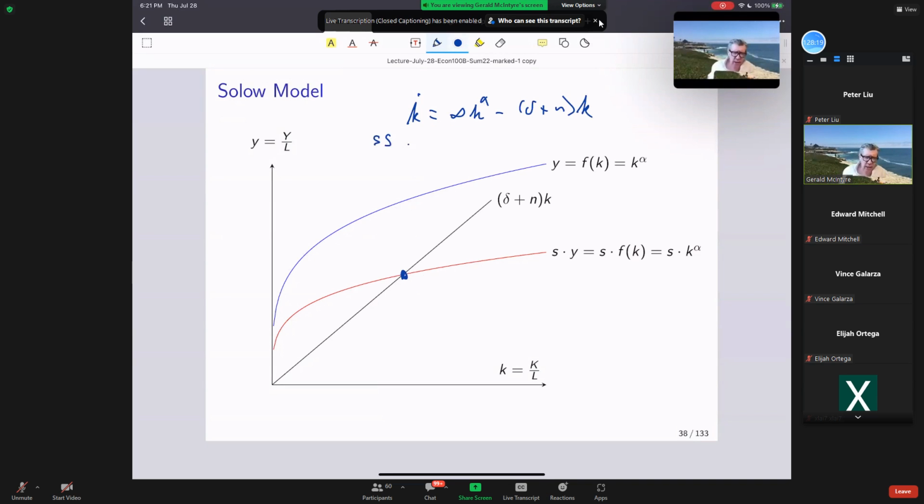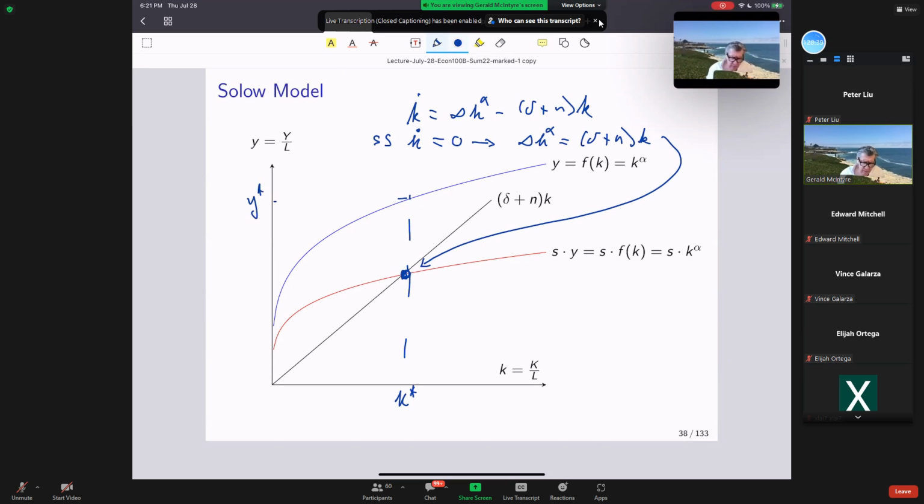We know in the steady state, K dot is equal to 0. When K dot is equal to 0, that means savings per worker is equal to break-even investment. And that's right here. That gives us K in the steady state, small y in the steady state, consumption in the steady state, and this, of course, would be savings in the steady state.